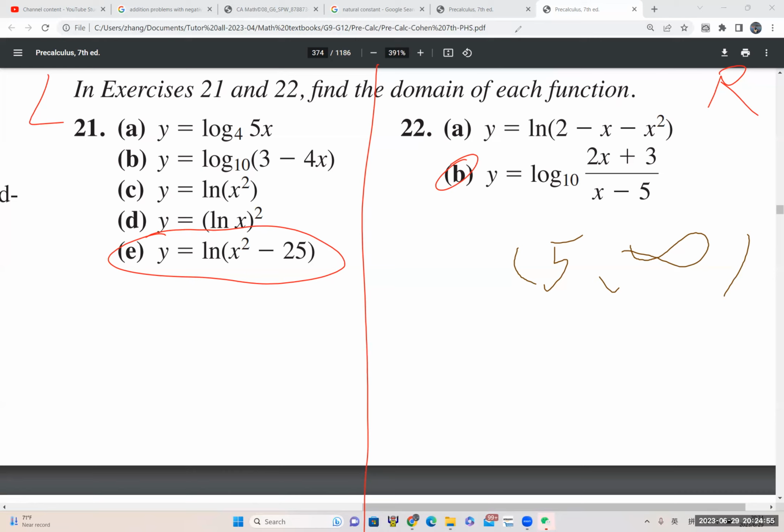I just double checked. Maybe it's just partially correct.